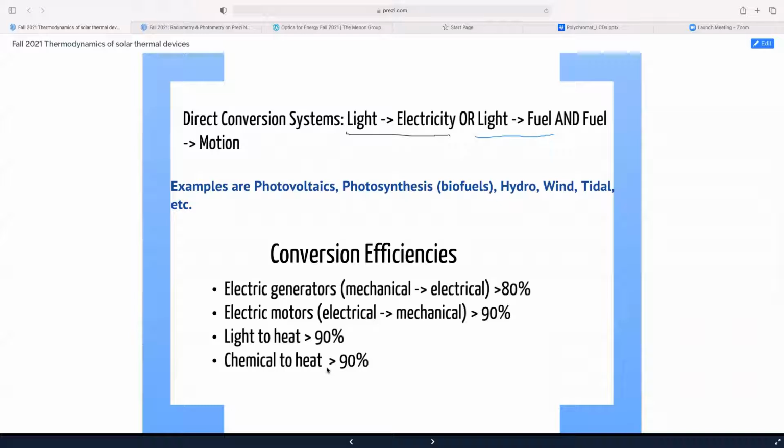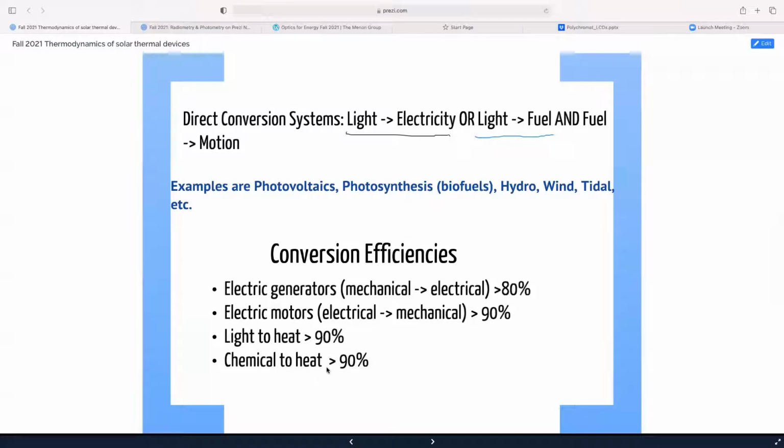You can also think about hydrogen generation. Hydrogen is a fuel, and this hydrogen is generated by electrolysis of water with a catalyst. The energy for the electrolysis can come from light, and the hydrogen is a fuel. So there are many examples of that. The fuel to motion, of course, we just saw. So that's pretty straightforward.